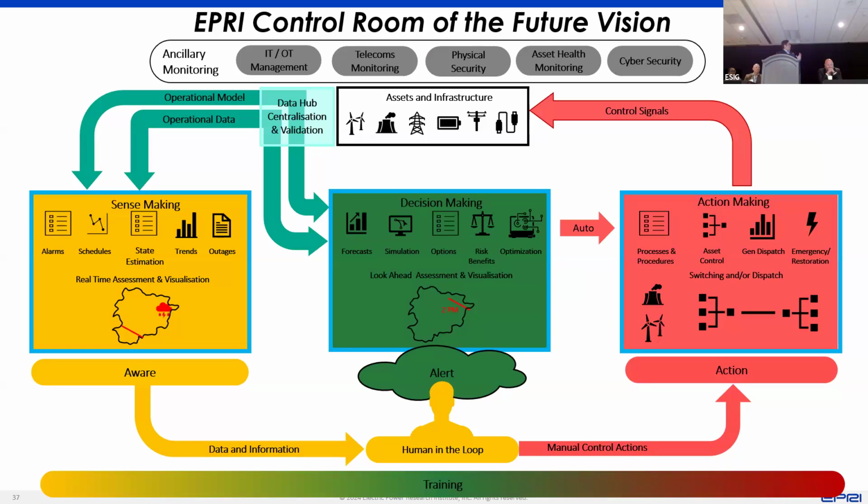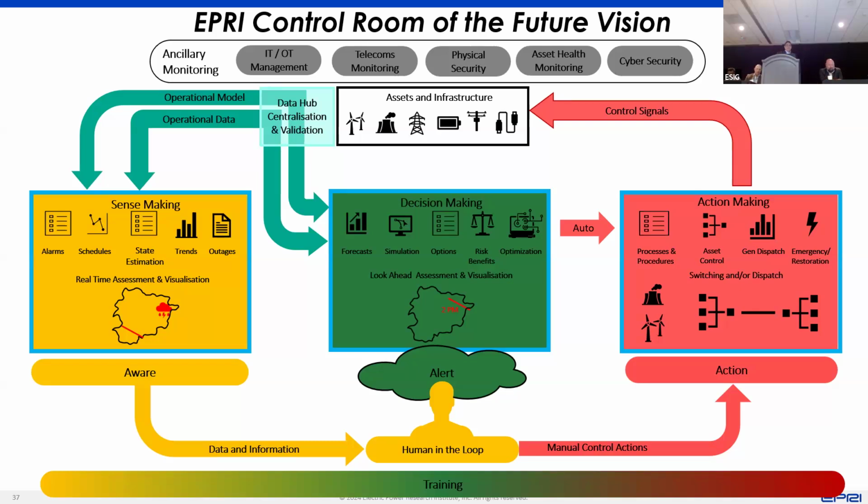You can see the operator is still at the center of decision making, getting a lot of information from the tools, from the data, from sensors, and making sense of what's happening in the system for better situational awareness. Then you leverage some of the tools from a decision-making perspective, and then take actions, and in all of that it's being fed by real-time data from assets and infrastructure.